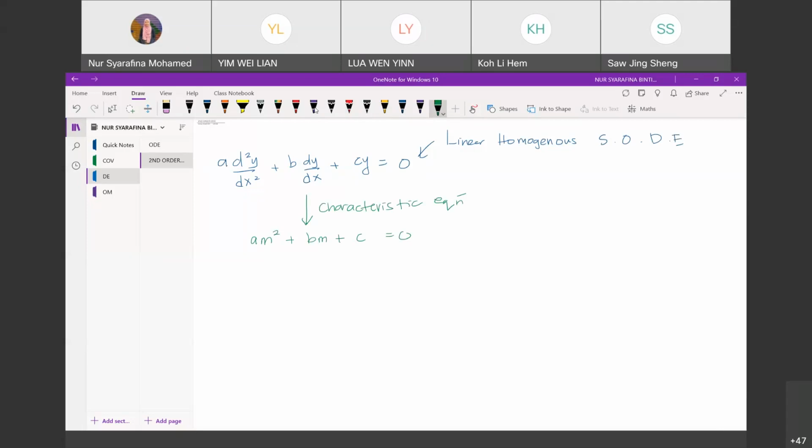Solving this will give you the values of m1 and m2. Why two values? Because this is quadratic. Now we have to identify the types of roots.